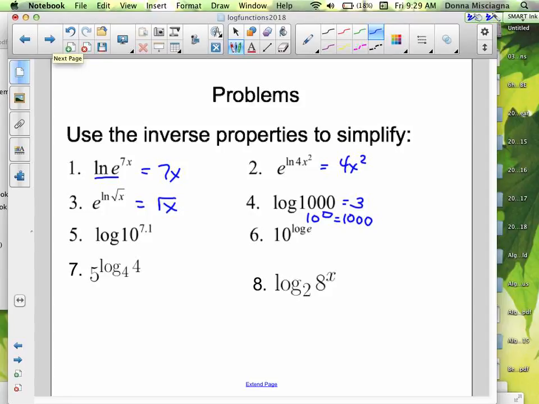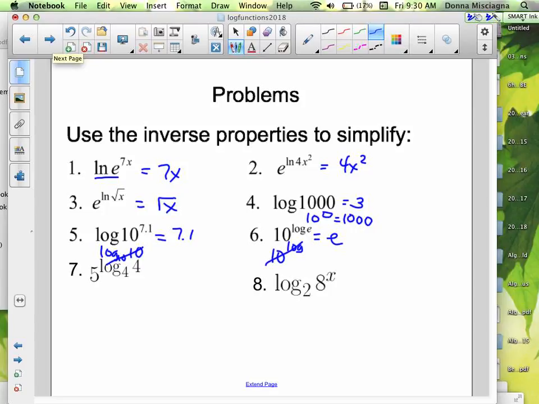Log 10 to the 7.1 power is going to be 7.1, because the base here is 10, so those two cancel each other out. 10 to the log e power would just be e, because 10 and log cancel each other out.